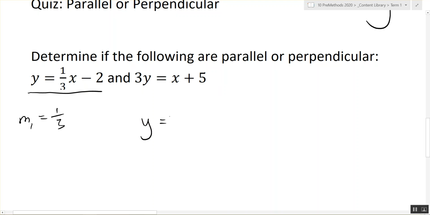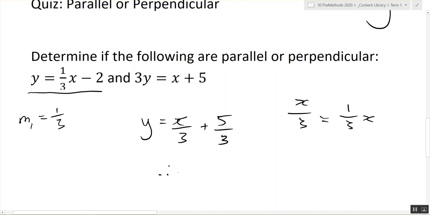So 3y divided by 3 is y. X divided by 3 is x over 3. And then we have 5 over 3. What's the number in front of the x? 1/3. So x over 3 equals 1/3 x.